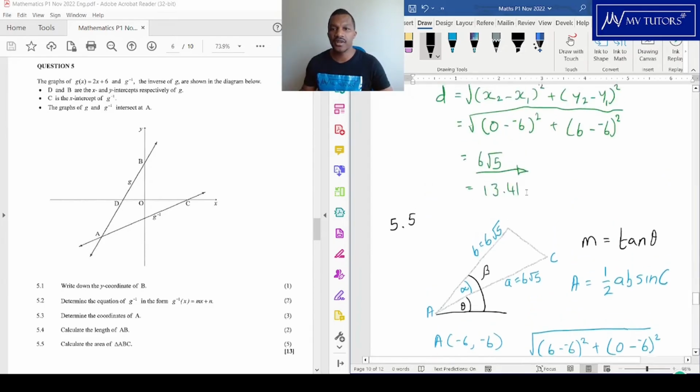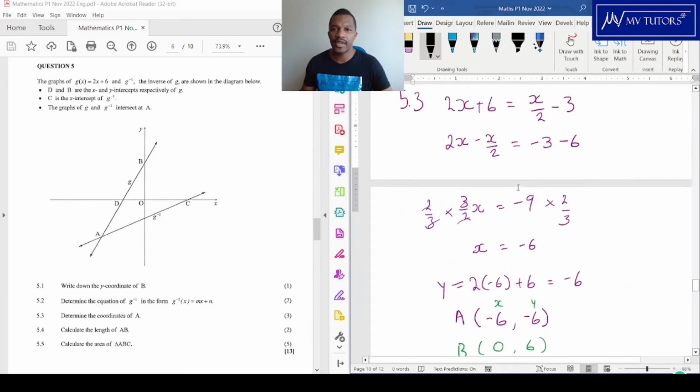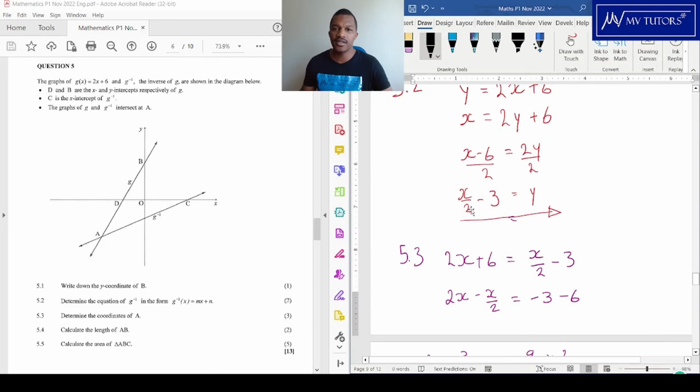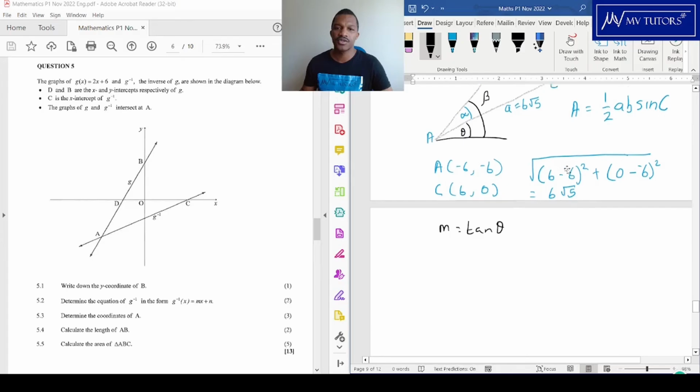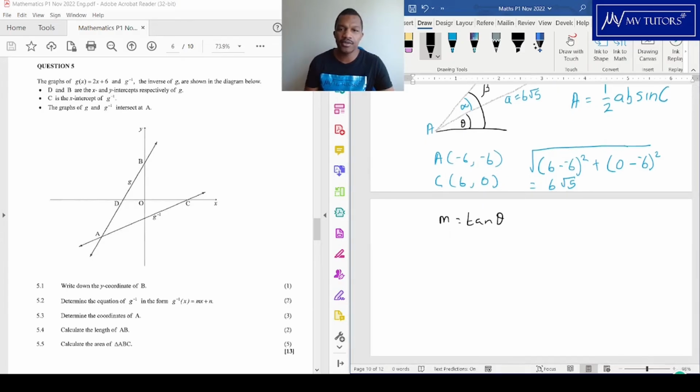We solved it already. If we go back up here, there it is. It's 1/2. That's the gradient. So under gradient, I put, you guessed it, 1/2 is equal to tan theta. Now I can solve for theta, where theta is equal to the arctan of a half.